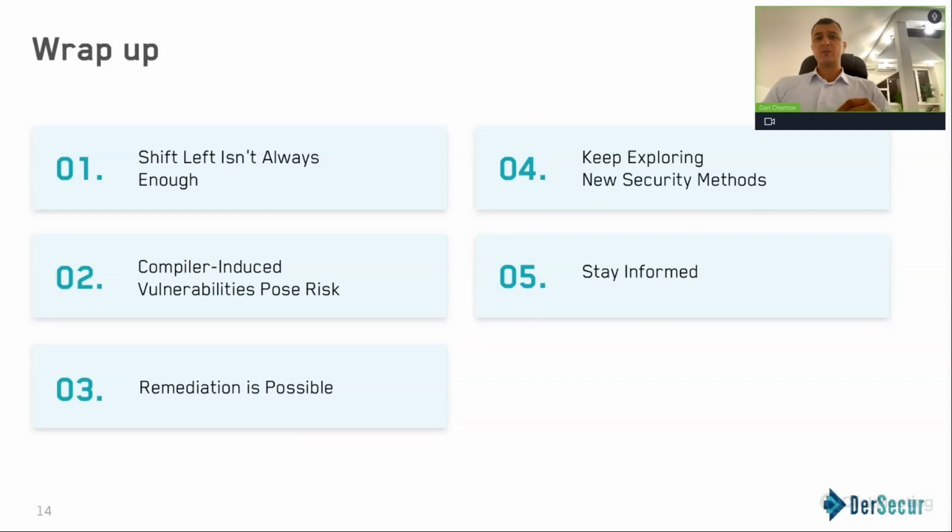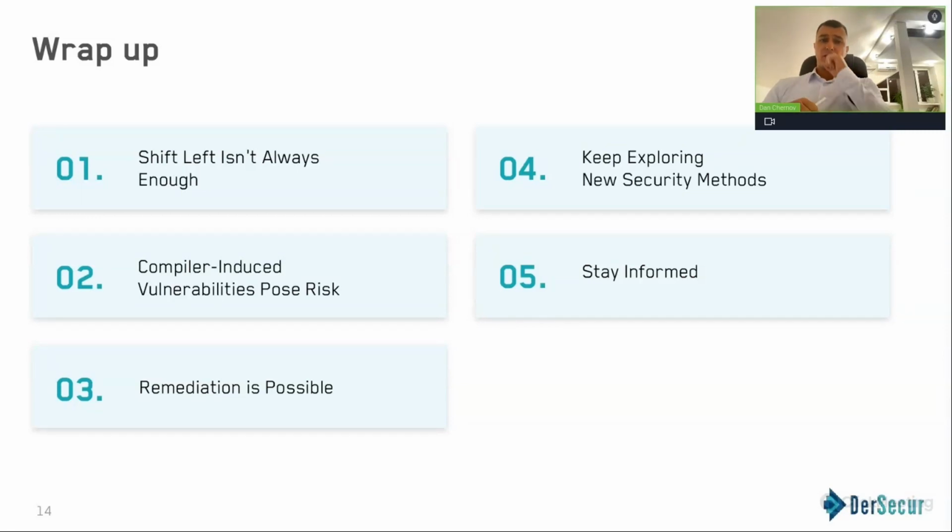Number three, if you identify a vulnerability in your binary or production app, modifying the source code in some specific areas can actually prevent a reoccurrence of this vulnerability in your production app.